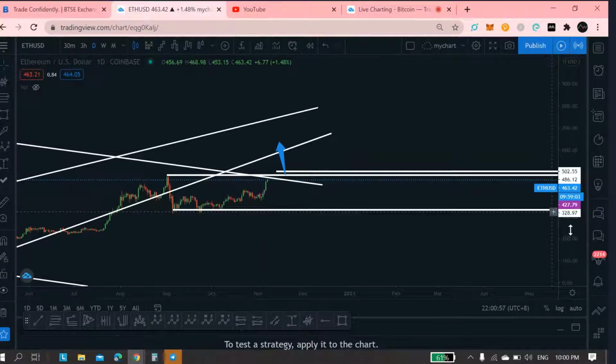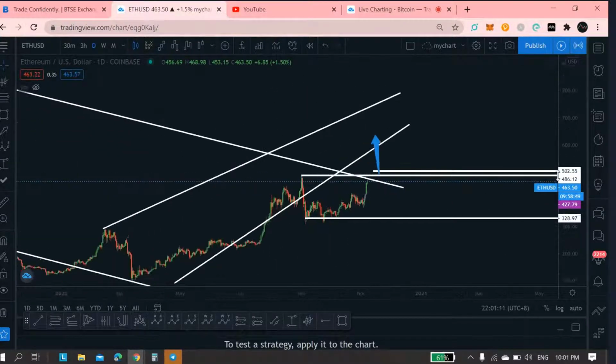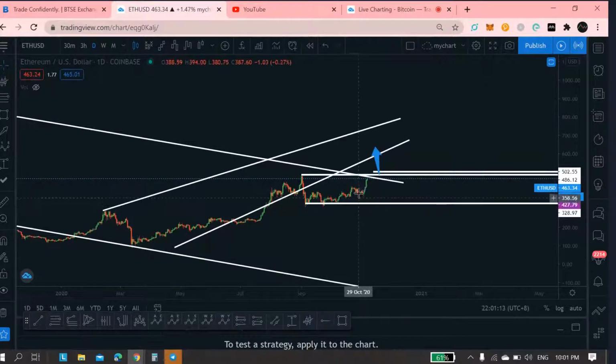So how to trade it? If it crosses up, this is more bullish, but if it crosses down, more bearish. Anyway, let's also look at the average year to date.